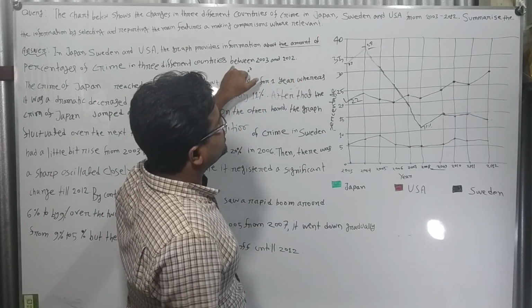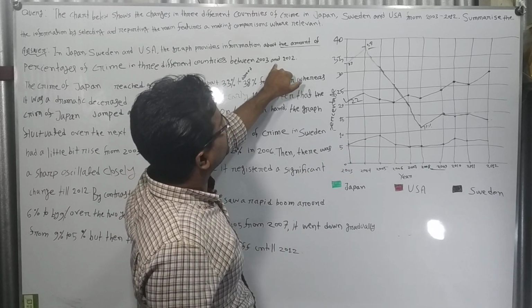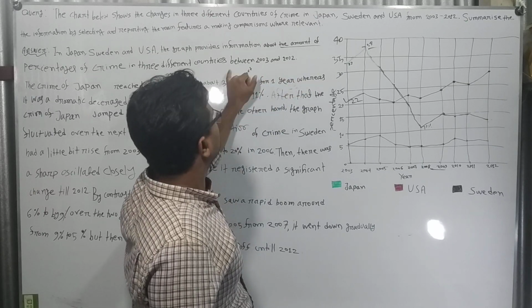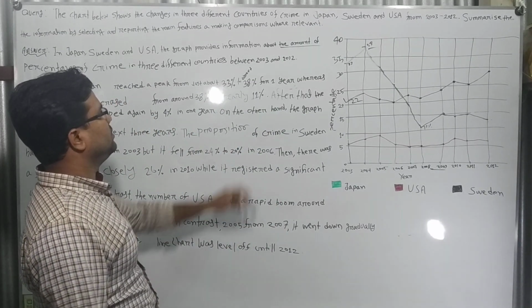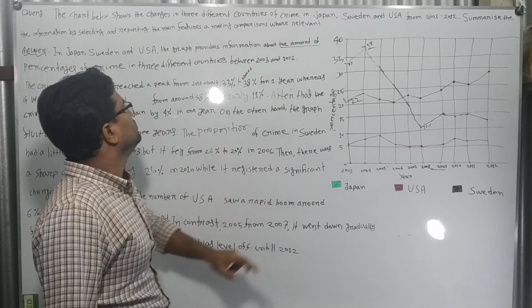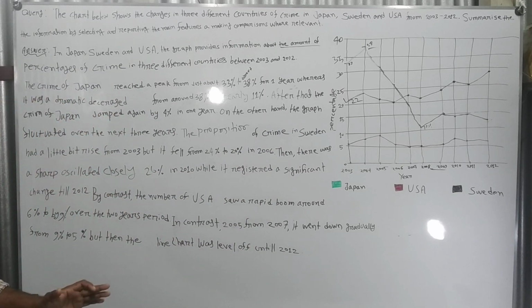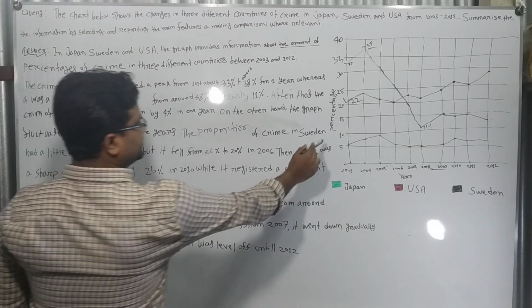I wrote between instead of from, and I wrote and instead of hyphen. You have to understand this matter clearly. Here is the percentage.